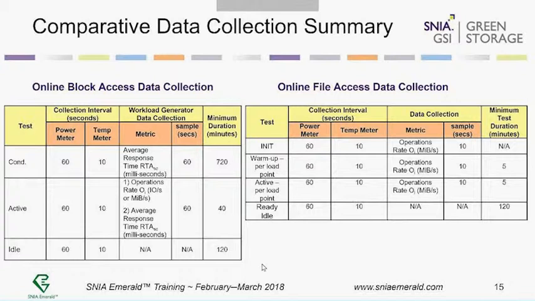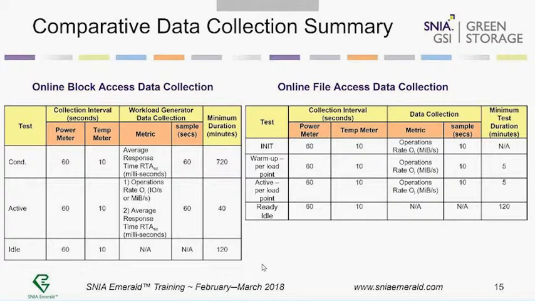One quick question. The power meter 60-second collection interval, is that a change from the older specification? I don't believe so. Okay. And are we allowed to have a finer interval, like smaller than 60 seconds? Or is that a hard requirement?